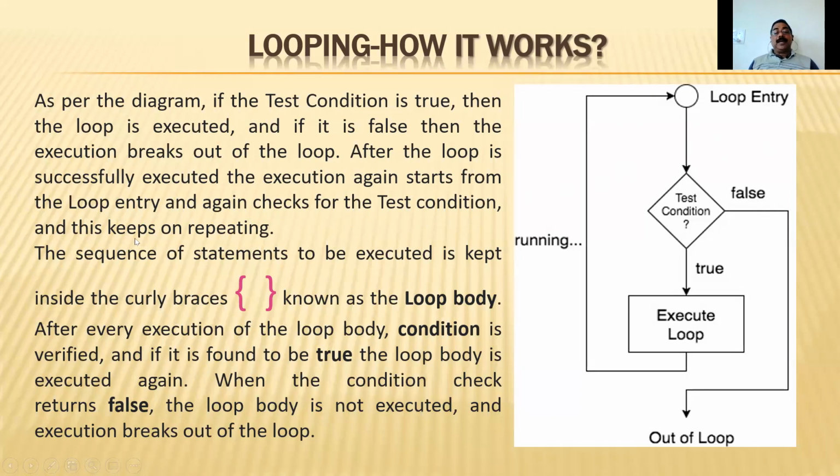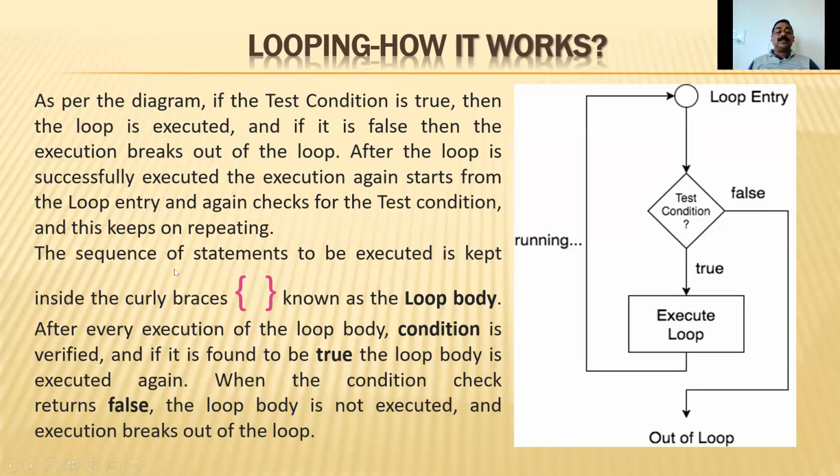From the loop entry, it will again check the test condition, and this keeps repeating, so the loop is repeated a number of times, depending on the test condition, which has a maximum or minimum value. The sequence of statements to be executed is kept in curly braces, which is known as the loop body.